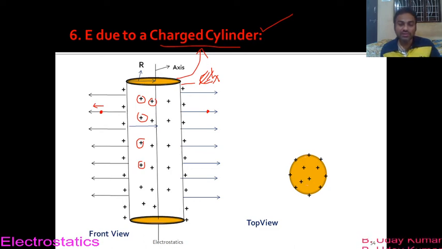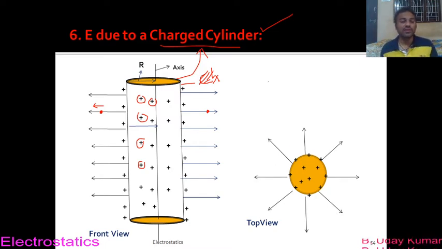It will be distributed even inside the circle. Circle in the sense here it is a cylinder. So the charge will be present throughout its volume. So you have to understand that. The direction of electric lines of forces looks like this now. They are directed outwards.